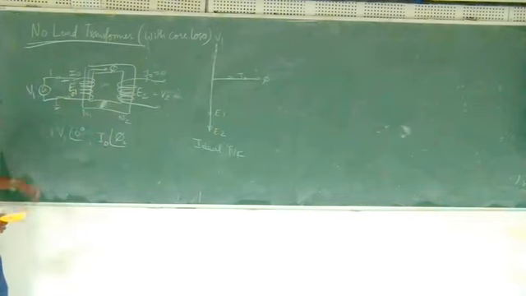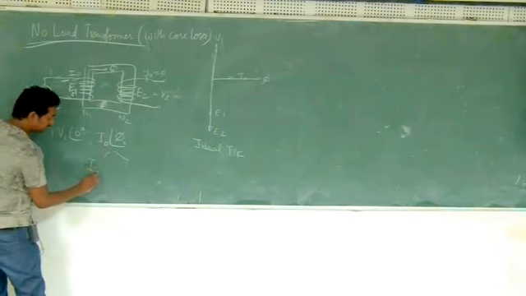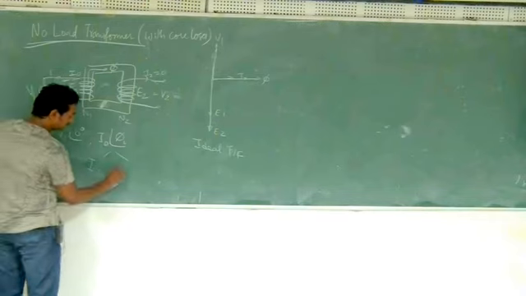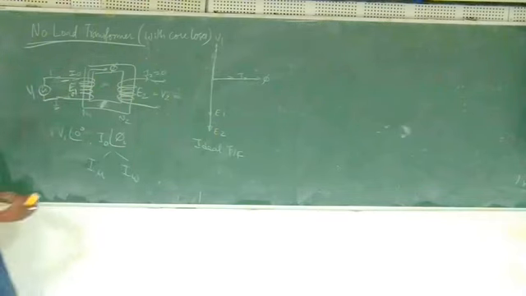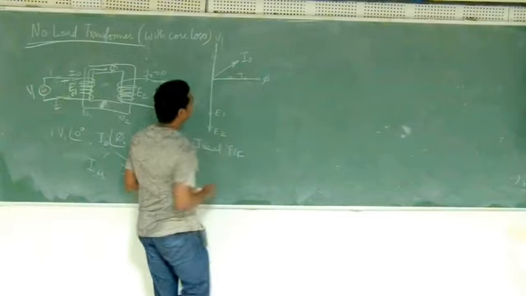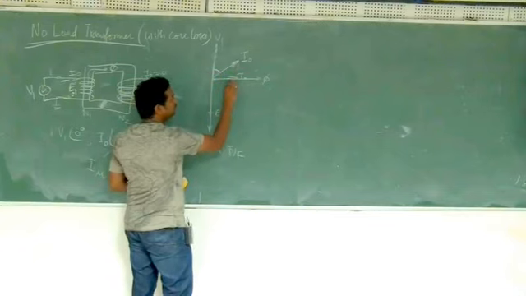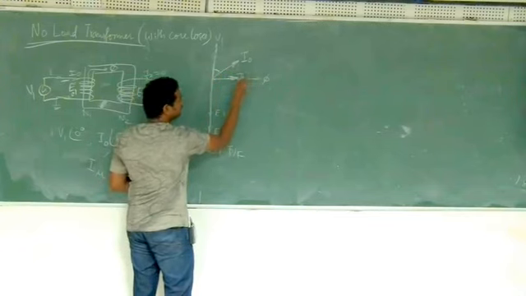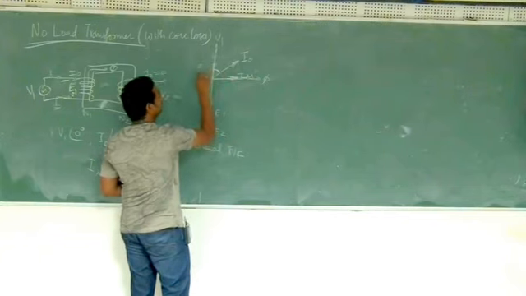Then we will get two components out of this I0. The horizontal component, let's call it I mu, and the vertical component, let's call it IW. It will be clearer if I draw it here. This is the actual I0. The horizontal component we designate as I mu, and this component we designate as IW.